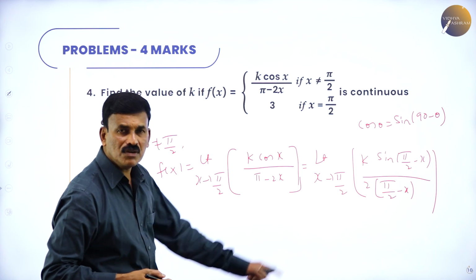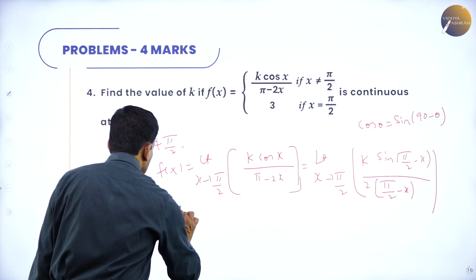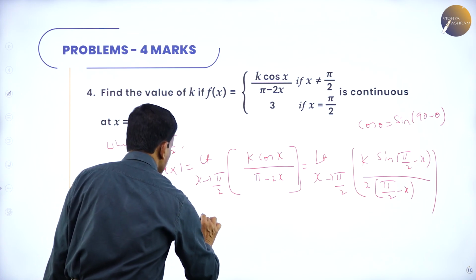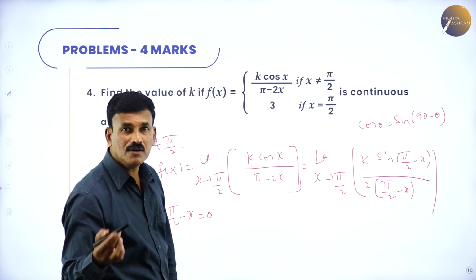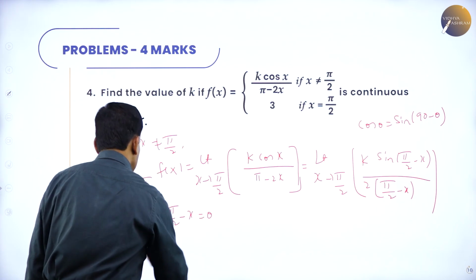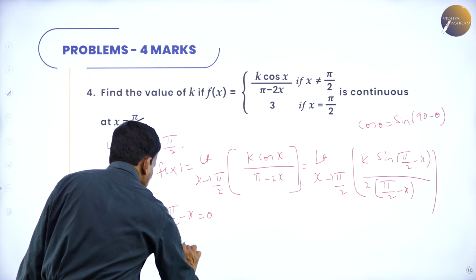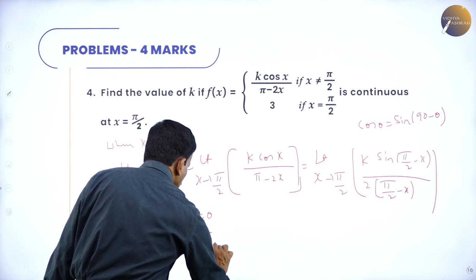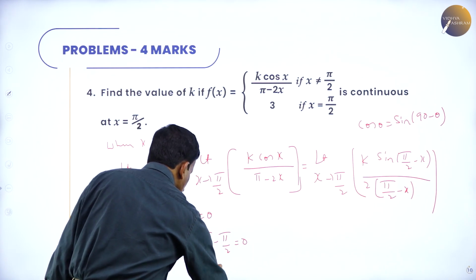Now, let us evaluate this by taking the substitution. Put pi by 2 minus x is equal to theta. Now, whenever substitutions are taken, the value of limit also changes. What is the limit here? When x is equal to pi by 2, theta is equal to pi by 2 minus pi by 2, that's equal to 0. So, theta tends to 0.